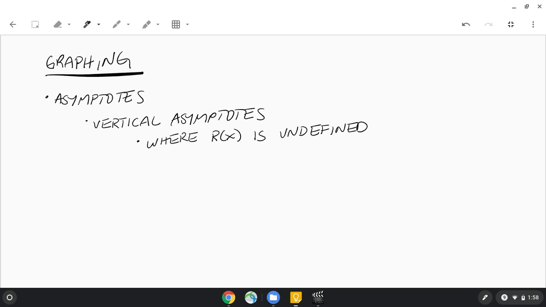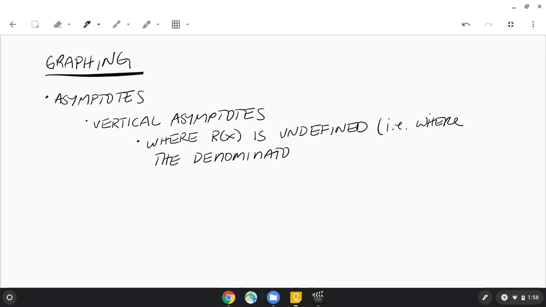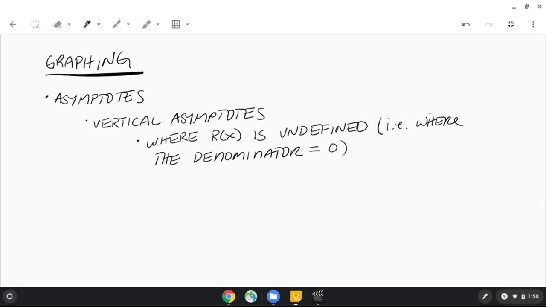So it's where R of x is undefined, i.e., where the denominator equals 0.